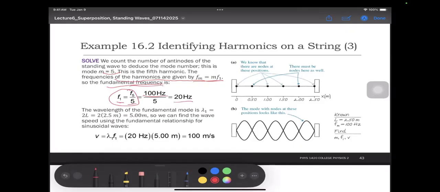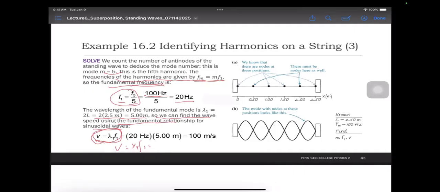The wavelength of the fundamental mode is lambda 1 equals 2L, which is 5 meters. We can find the wave speed using the fundamental relationship of sinusoidal waves, an equation we will use a lot: v equals lambda 1 times f1, which is 100 meters per second. Does it make sense to you?